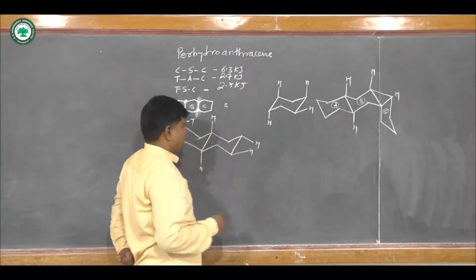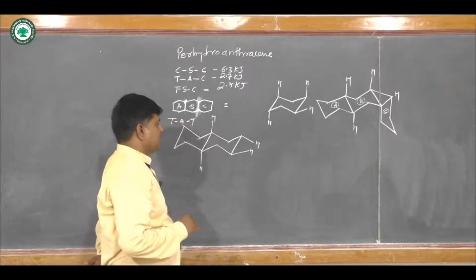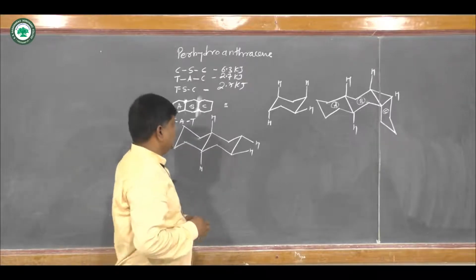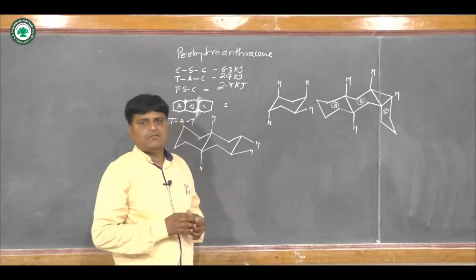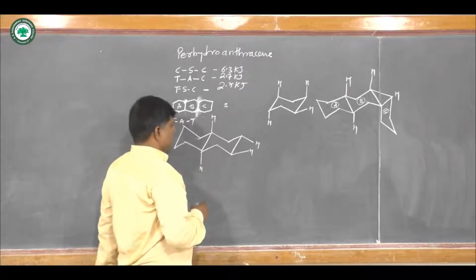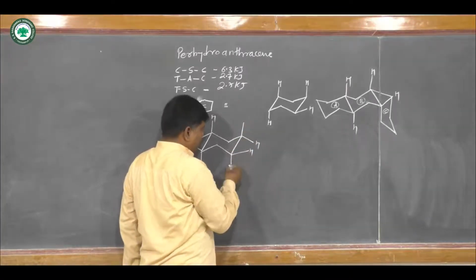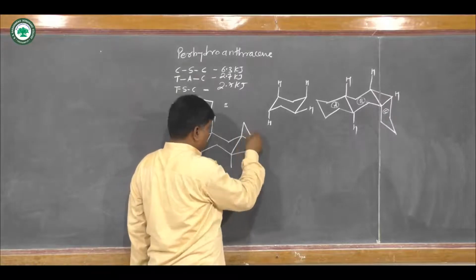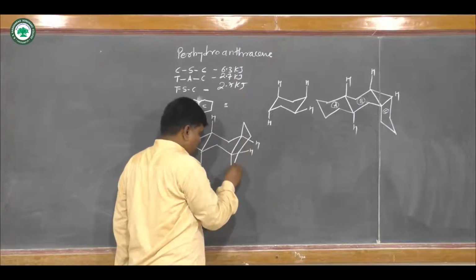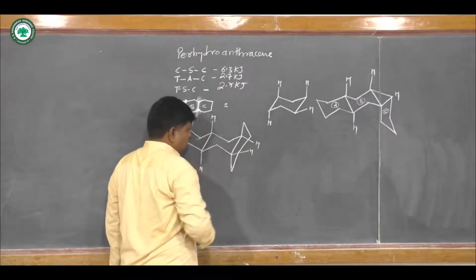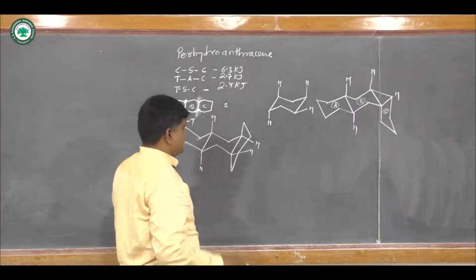At that time there is no possibility of a chair conformation, so we try to convert that structure into the chair. The remaining bonds are somewhat like this.